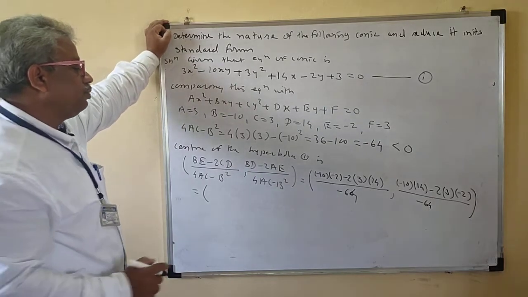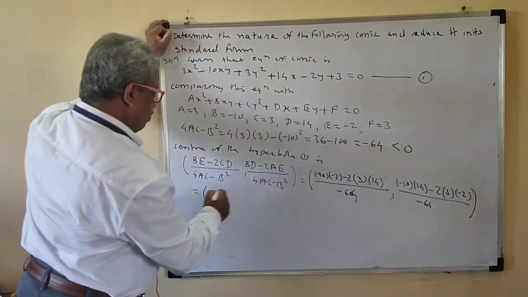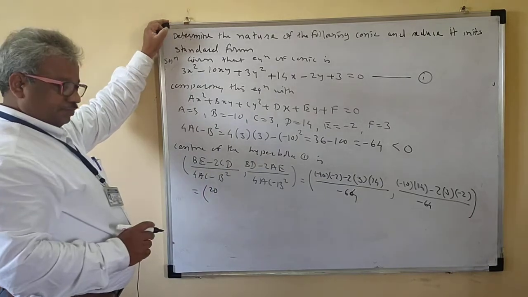Okay, so this is minus 1 becomes plus 20, upon minus 64.